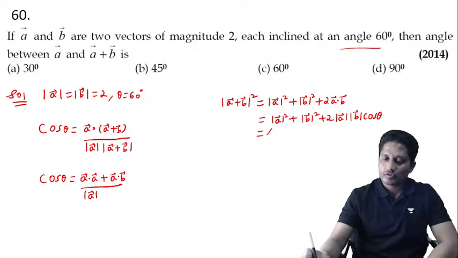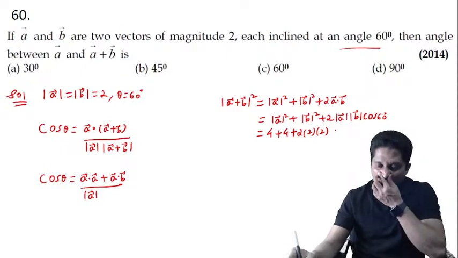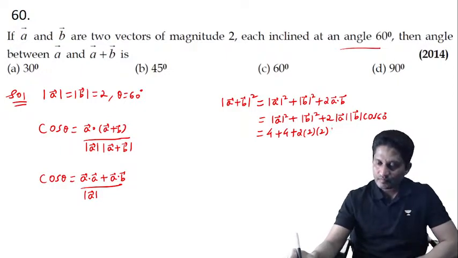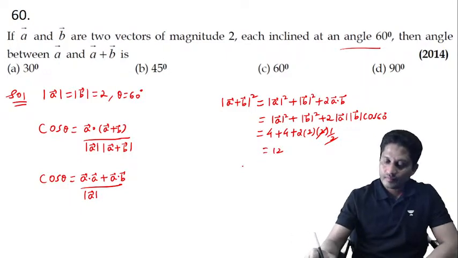Modulus of A is 2, so this becomes 4. Modulus of B is 2, 4. 2 times modulus of A is 2, modulus of B is 2. And theta is already given, angle between A and B is 60 degrees, so this is cos 60. This will cancel. You get 12. Mod of A plus B, the whole square is 12. So modulus of A plus B is root 12.